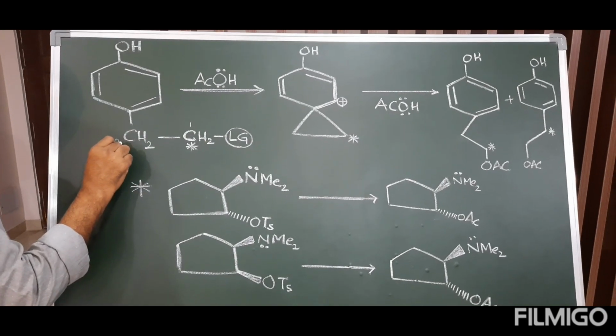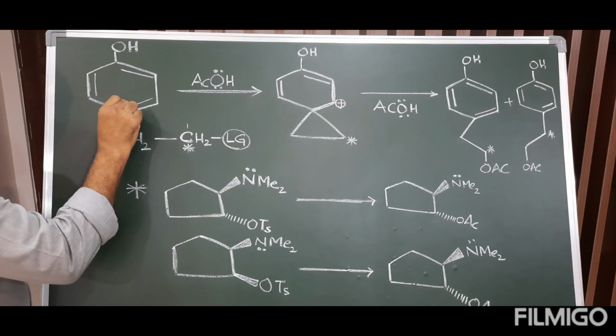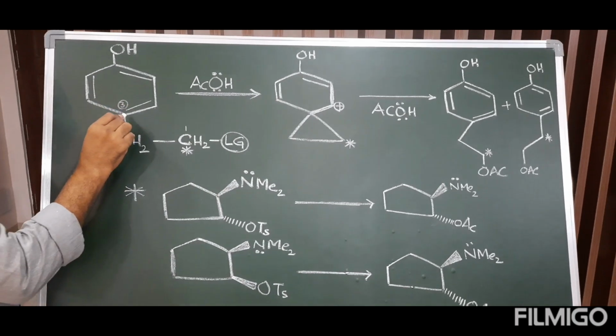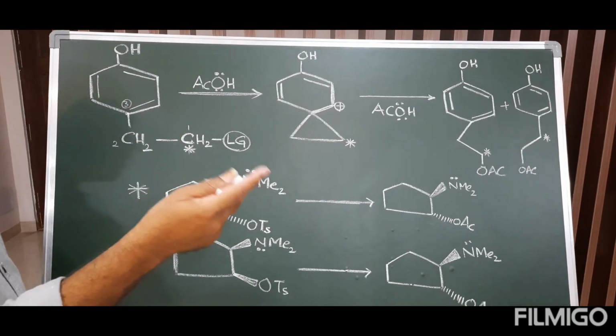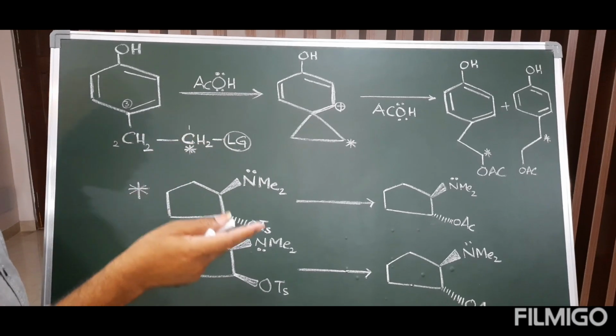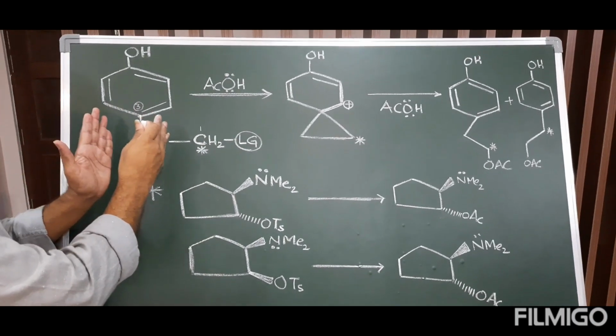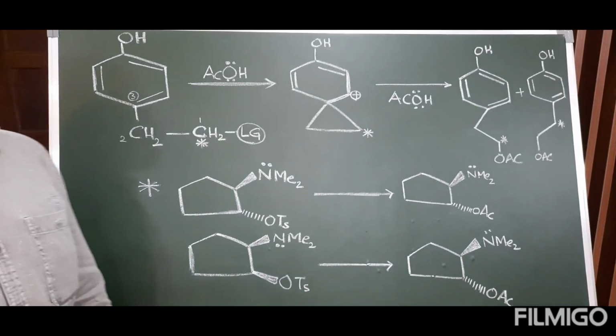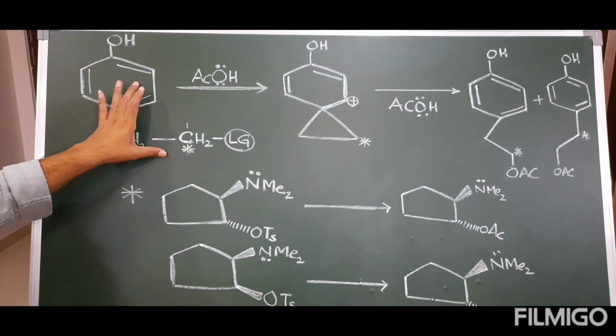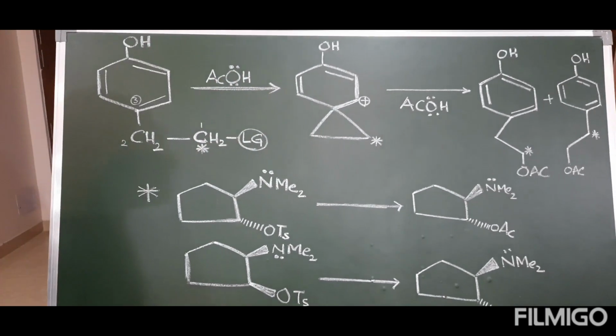This is position number 2. This is position number 3. Position number 3 may contain a double bond, a pi bond, or a lone pair. It has the ability to show neighboring group participation. So here, undoubtedly, the neighboring group participates.